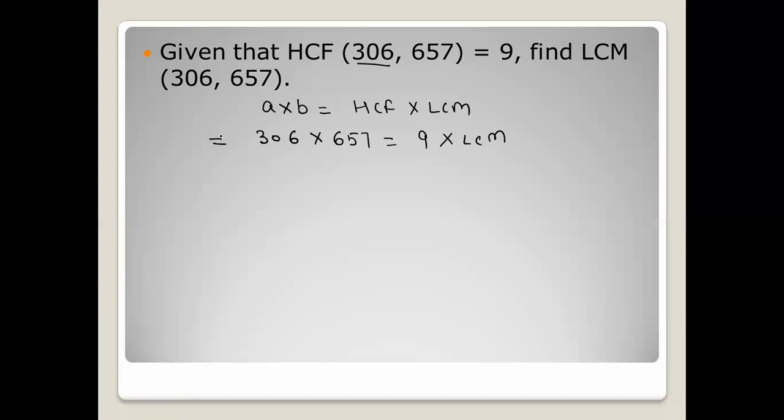That's it. So LCM is equals to 306 into 657 divided by 9.